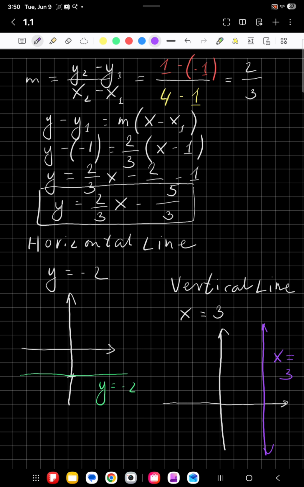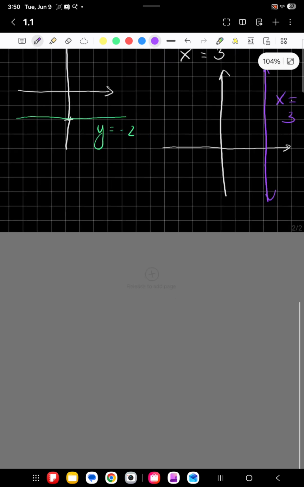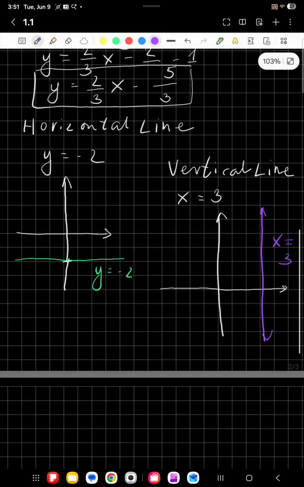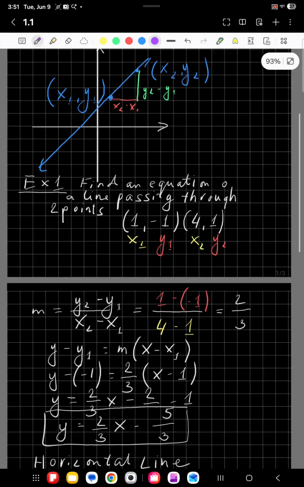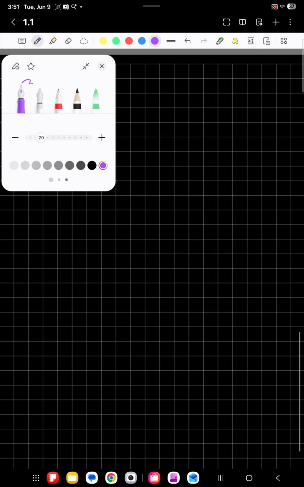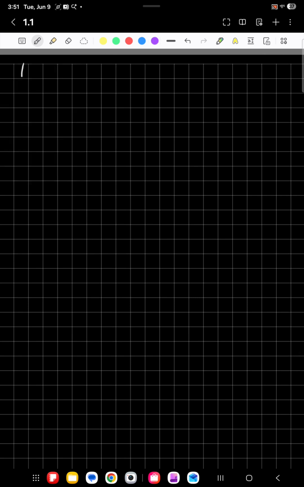Okay, so let's continue. Yeah, let's do another example, or actually 2 examples. So let me move it. Okay, so example, I'm not sure. Let's see, example 2. Example 2, and it goes like this.